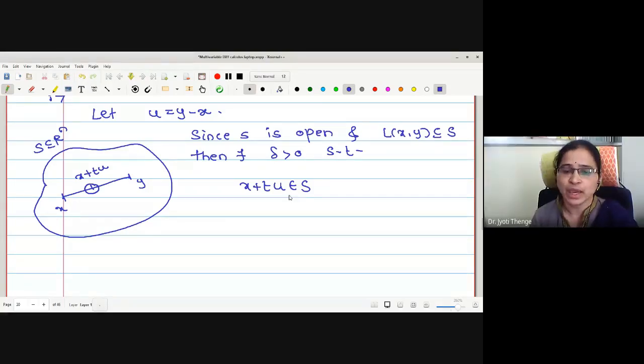Yes, it does. But here we have to restrict the values of t. The values of t are going to be defined. This is true for t equal to 0 and 1. Now here, I may write the values of t belong to minus delta to 1 plus delta.